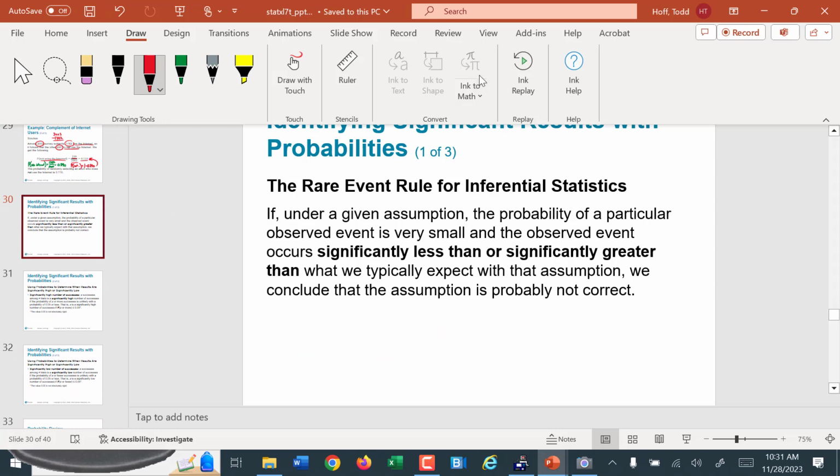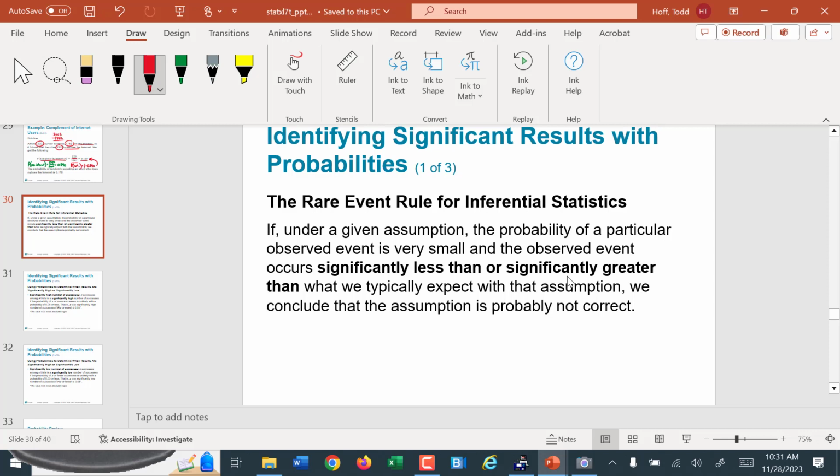So identifying significant results and probabilities. This involves rare events. So if we make an assumption, and this is a mainstay in statistics, we make assumptions. So we make a given assumption.